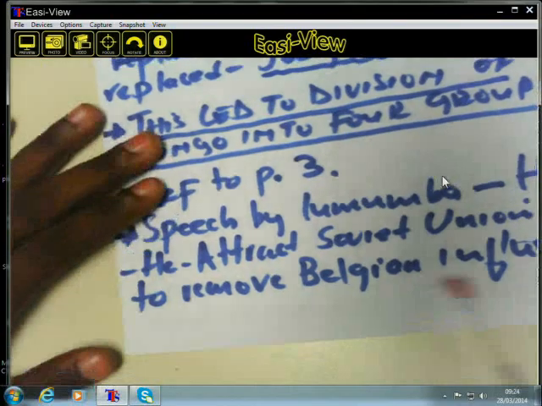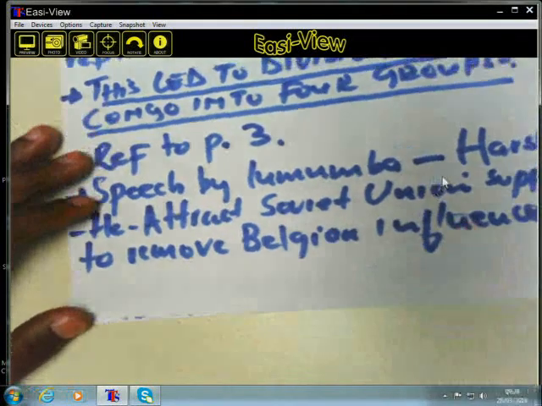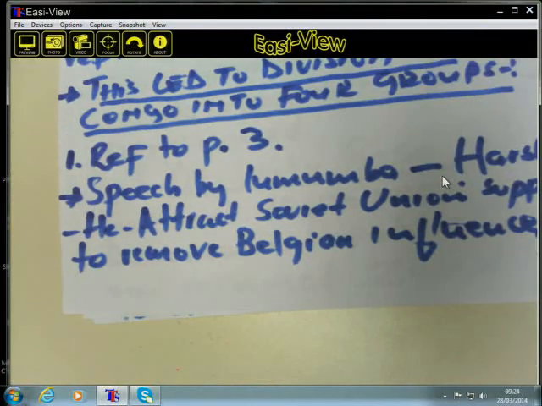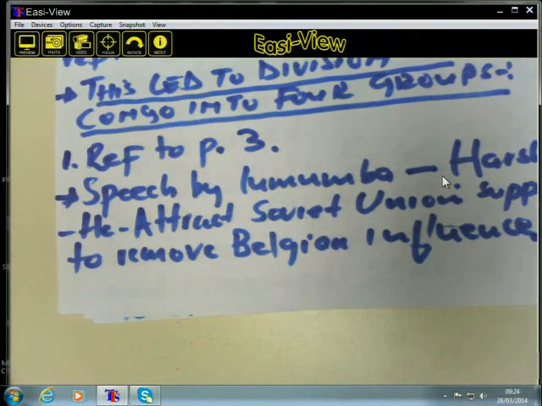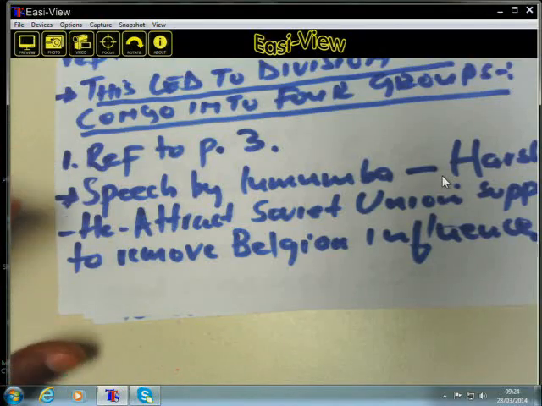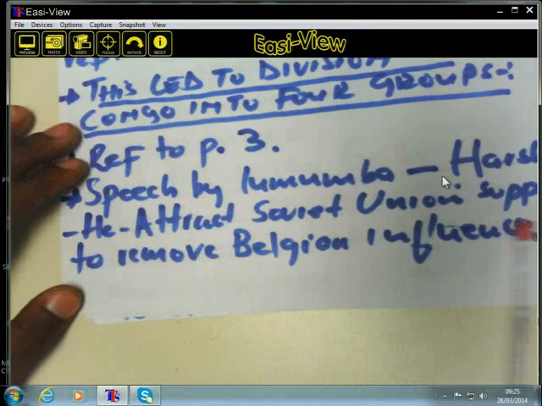His main aim was to attract much attention from the Soviet. He wanted to be supported by the Soviet because he was against the Belgians. In trying to get support from the Soviet Union, his main aim was to remove Belgian influence in Congo.